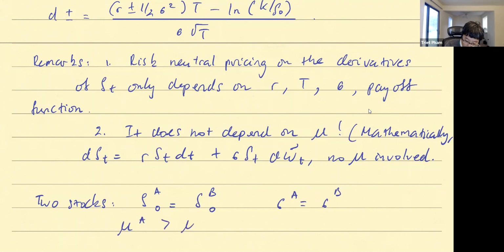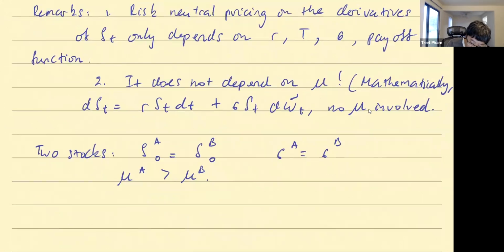Let's suppose that the rate of return of the second company is better than the rate of return of the first company. What this tells us is that any derivative based on the two stocks have the same price.